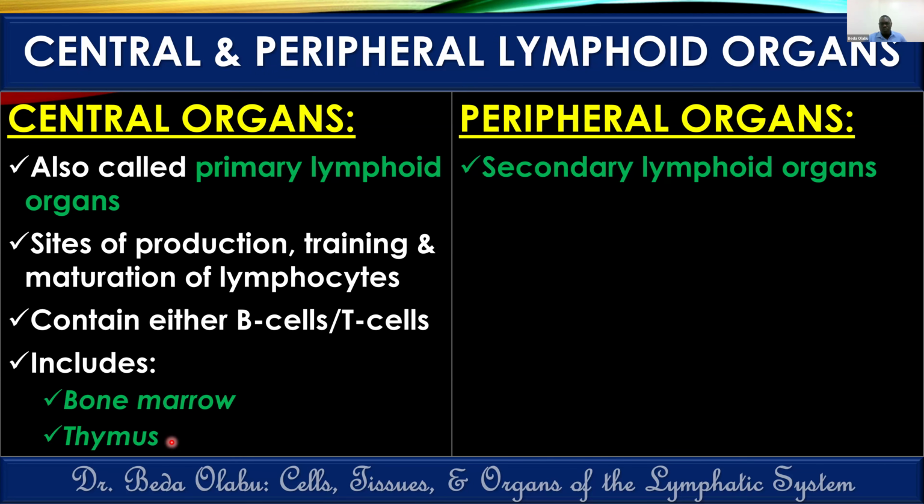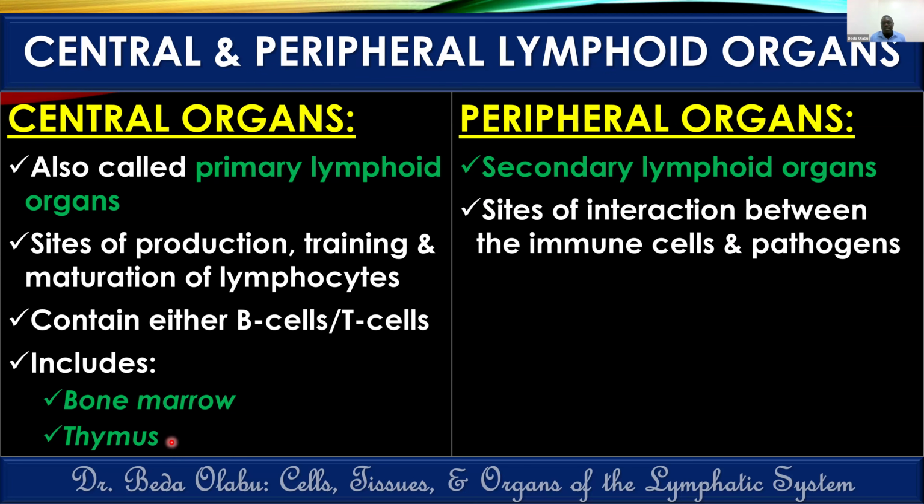Everything else will be peripheral lymphoid organs. So peripheral lymphoid organs are also called secondary lymphoid organs. These are the sites of interaction between the immune cells and the pathogen. In simple terms, they are the battlefield, the point where fighting takes place between the immune cells and the infectious agents.